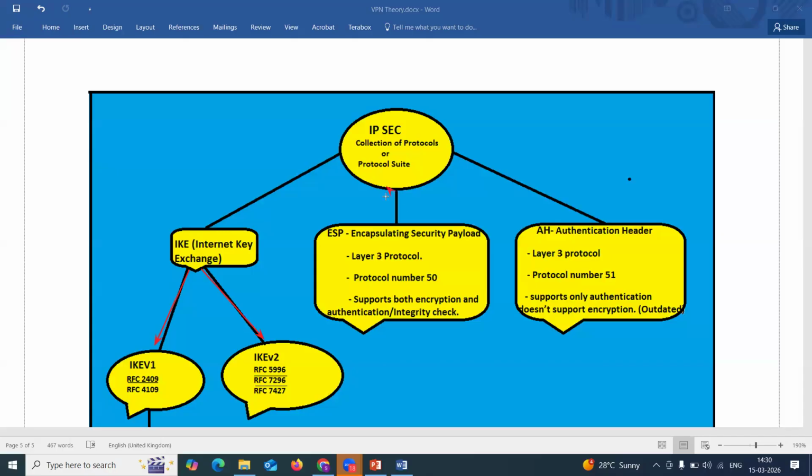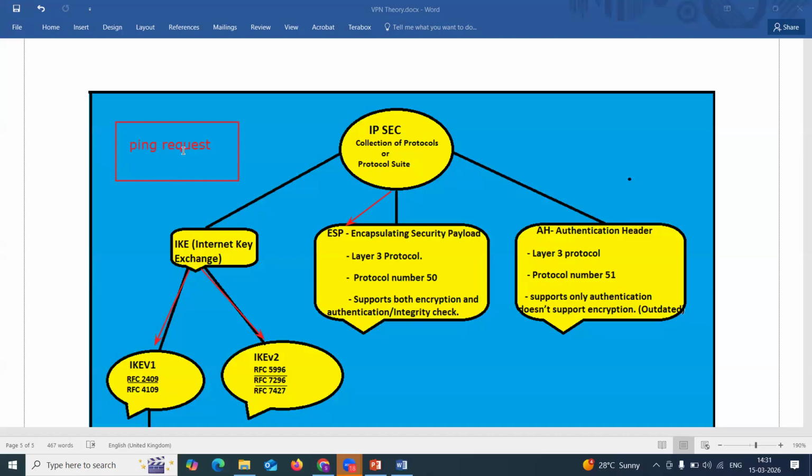Again, you will say IPsec also has the ESP protocol. ESP stands for Encapsulating Security Payload. For understanding purpose, under the ESP there will be a payload. Payload means your information. Let's say that this is a ping request.